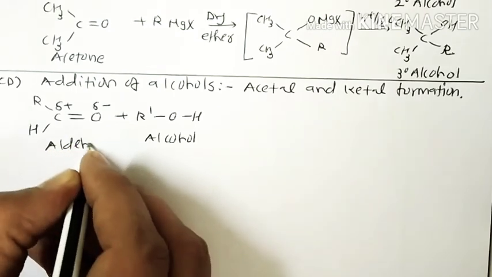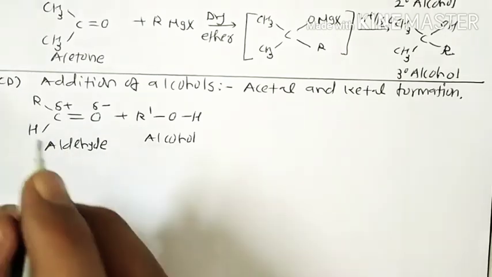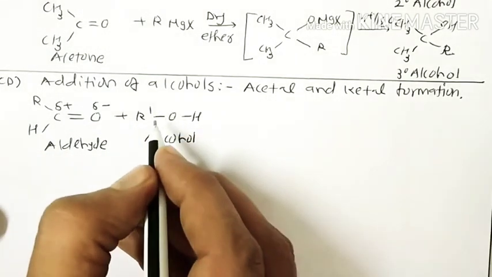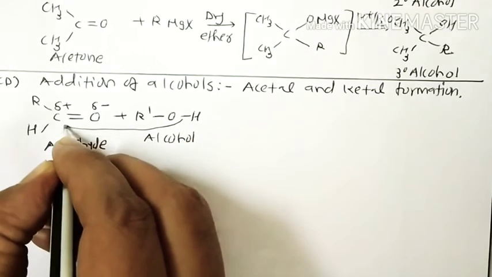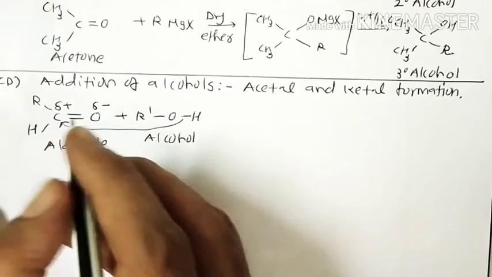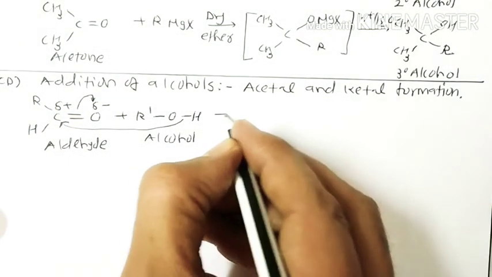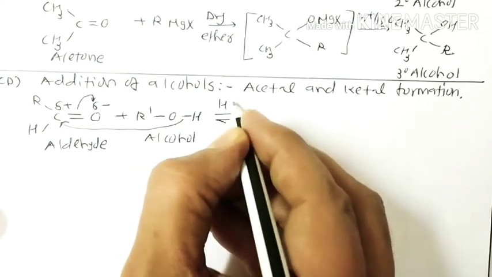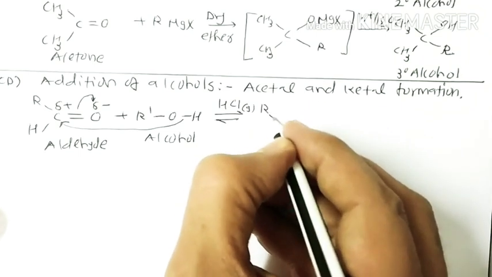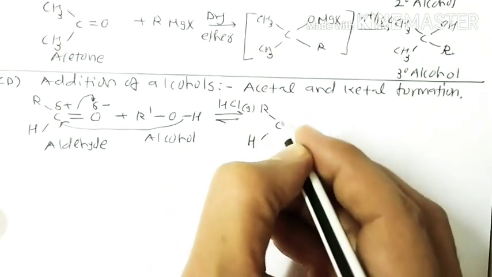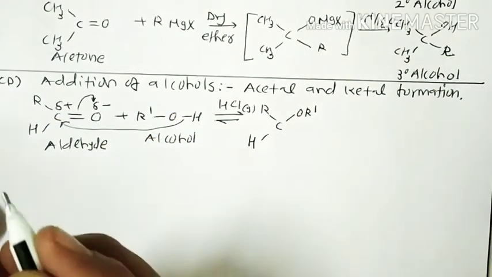In this case the alcohol is a very good nucleophile, where RO minus attacks the partially positive carbon. At that time the pi cloud shifts towards the oxygen in the presence of HCl, whose role is that of a catalyst. So it is first converted into RCH with OR dash and OH, from the attack of OR dash from the upper or lower side.